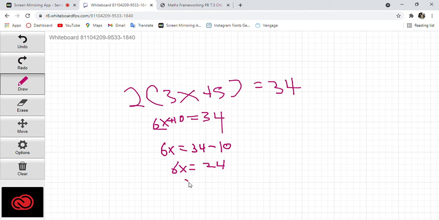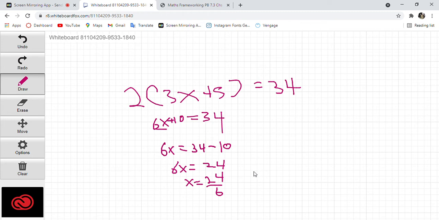So x equals to 24 over 6. And then what do we do? We divide. Exactly. Same process, same answer.